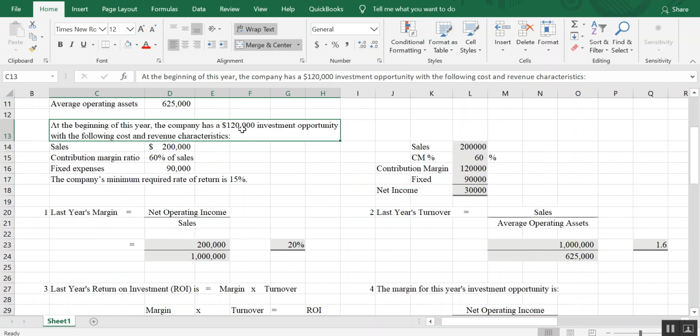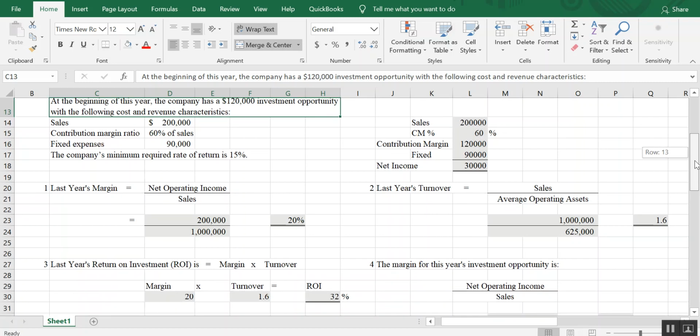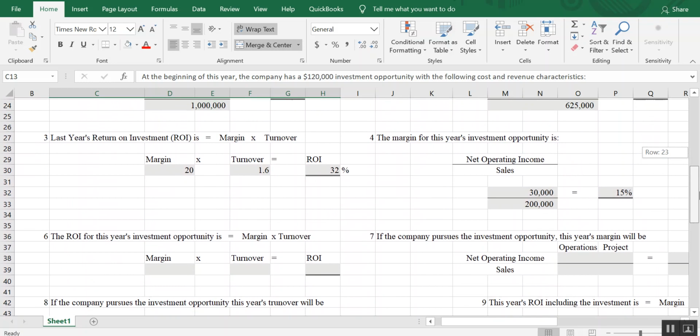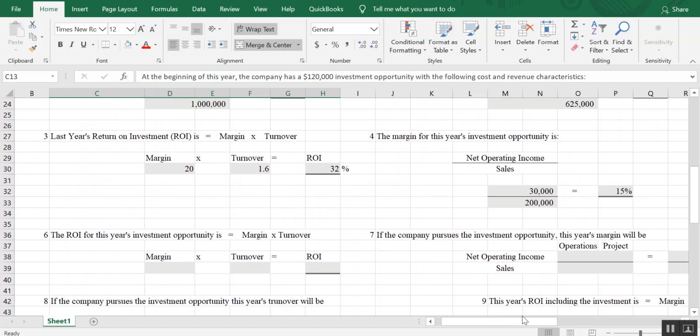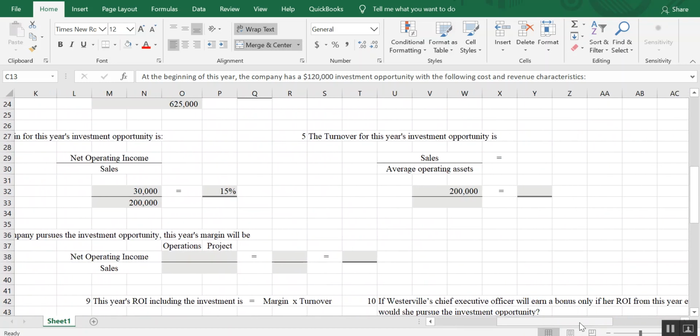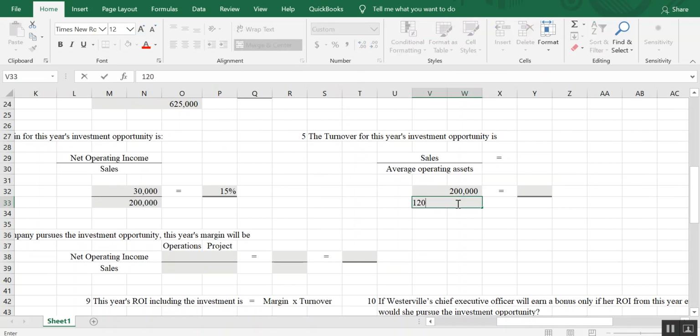That's the investment that's required, and if we are investing that much money into this project, we're assuming that that's going to be used for the assets, and so that's what we're going to do here in this problem. So we come down here to number 5, and we identify the average operating assets as 120,000 because that was our investment in the project. So we divide 200,000 by 120,000.